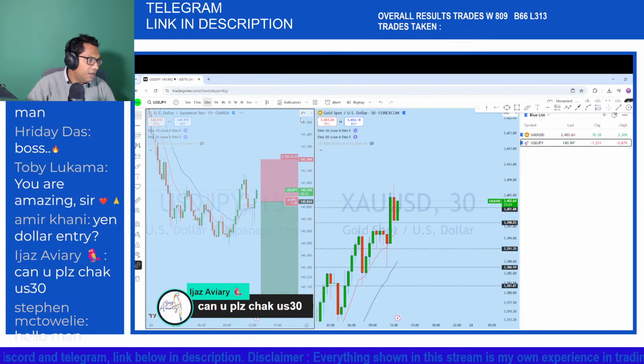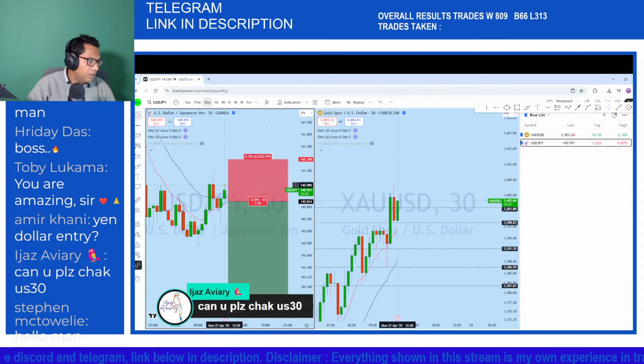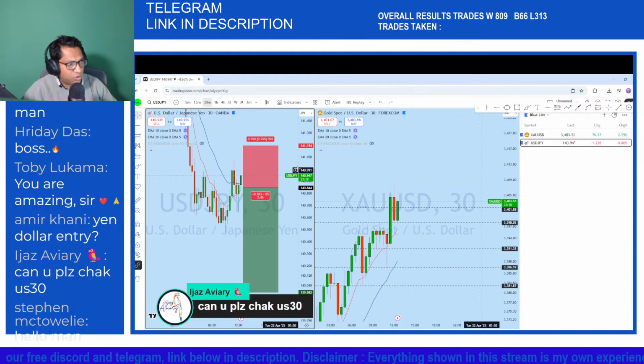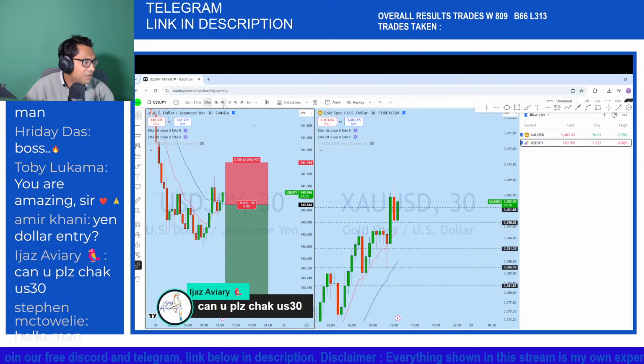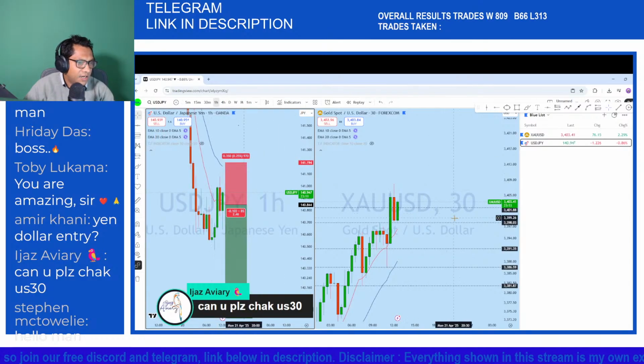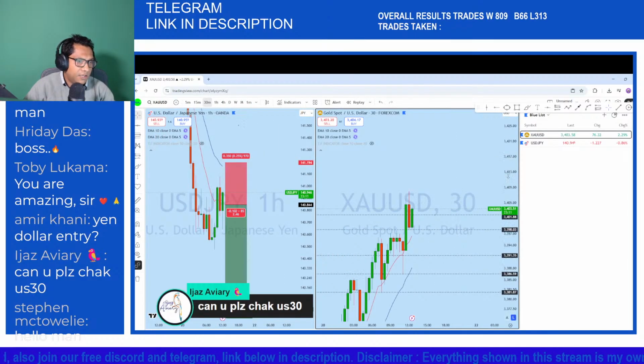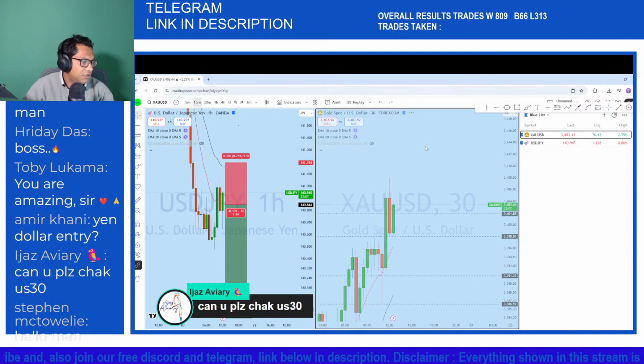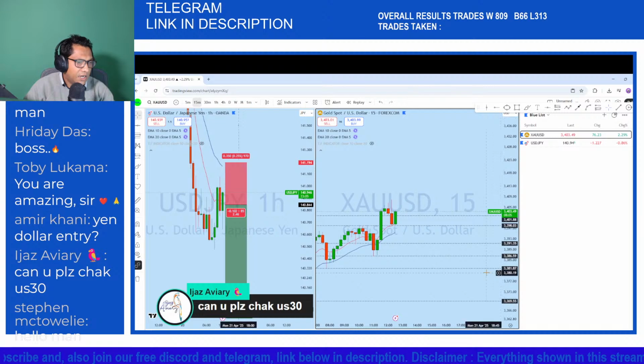But I think if we see this market breaking below here, that's where we will be able to find further confirmation in this market. Looking at XAU USD, the trend is currently to the upside in this instrument.